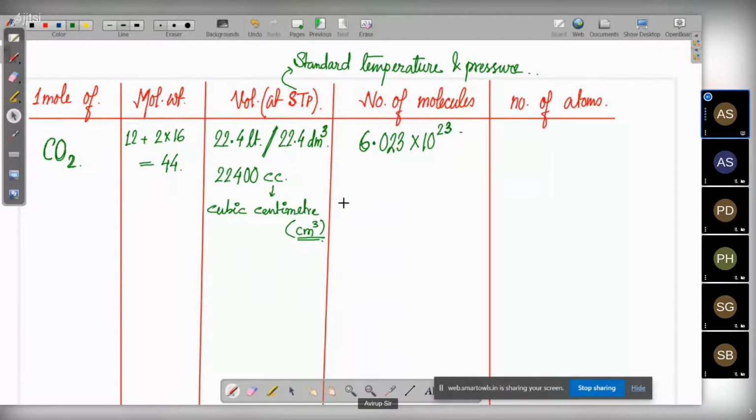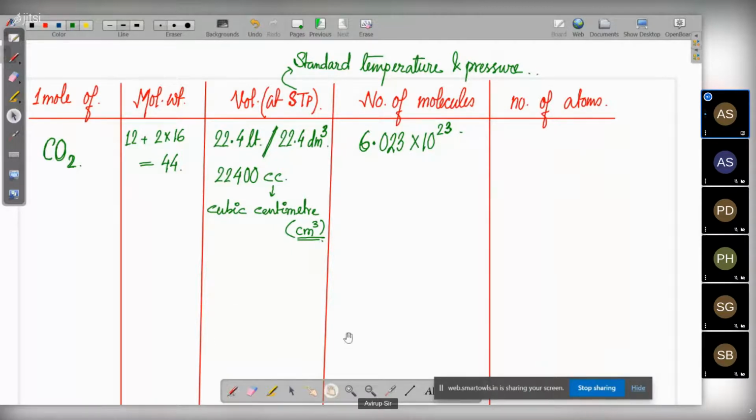So that means 44 grams, that is one molecular weight of carbon dioxide, has 6.023 into 10 to the power of 23 molecules of carbon dioxide, and it has a volume of 22.4 liters.